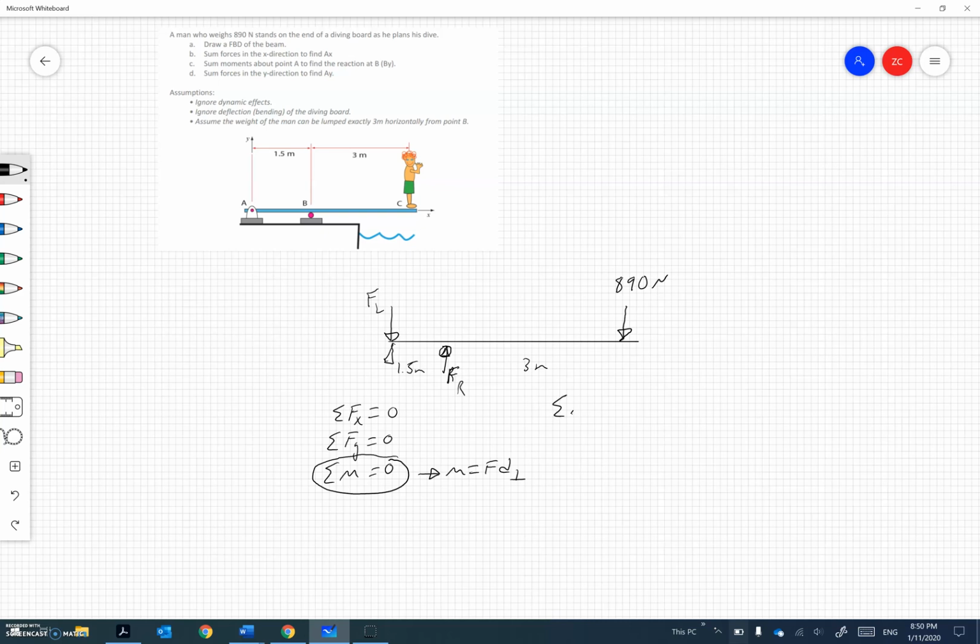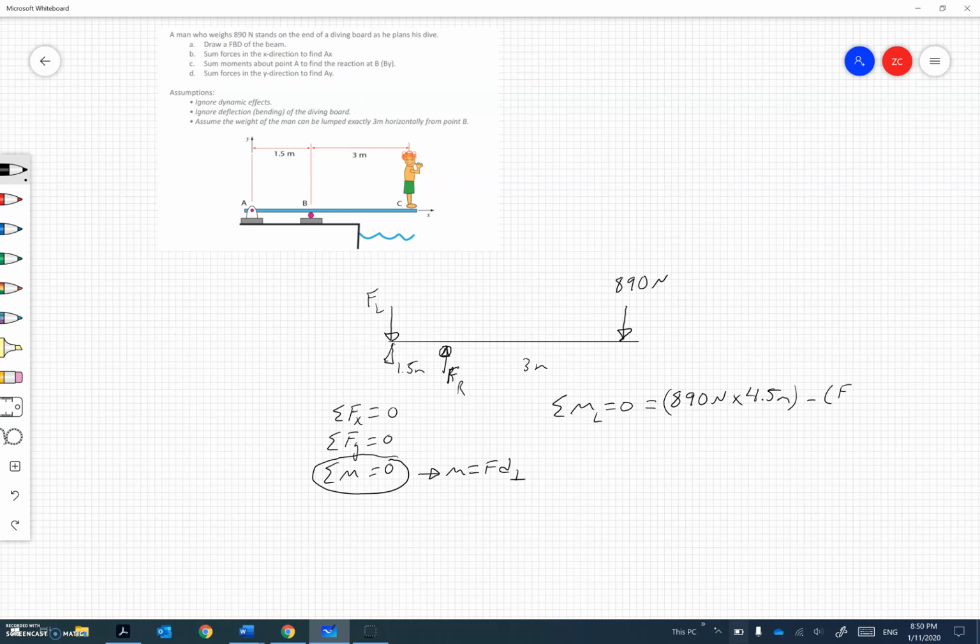So the sum of the moments about point left must equal 0, which is equal to, now let's do the clockwise ones first. So I'm going to have 890 newtons times the total distance away, which is 4.5 meters. Then I've got to subtract the counterclockwise ones.